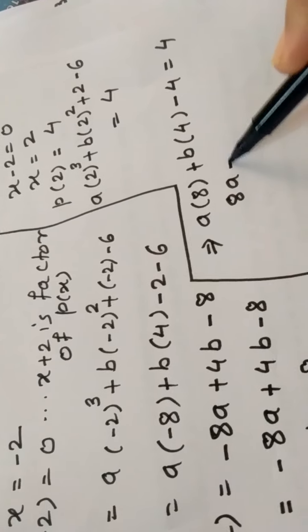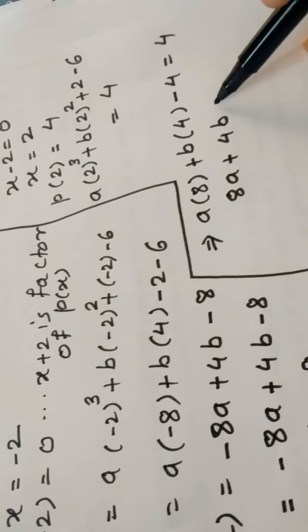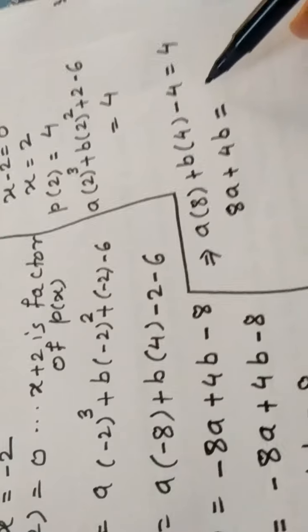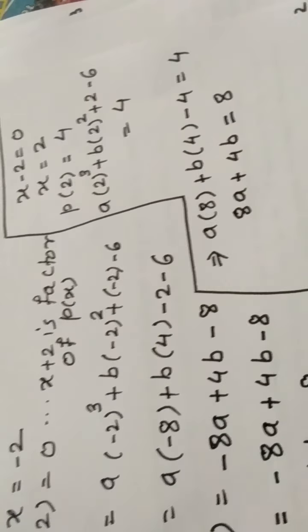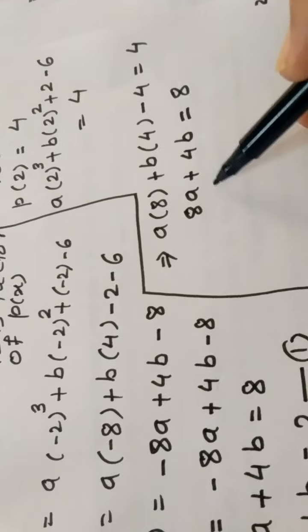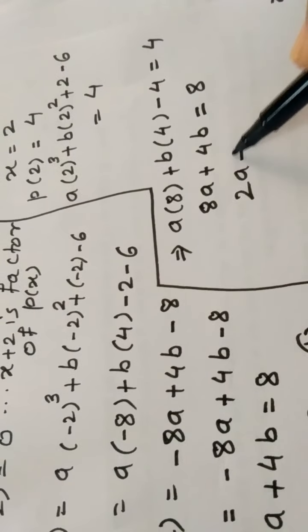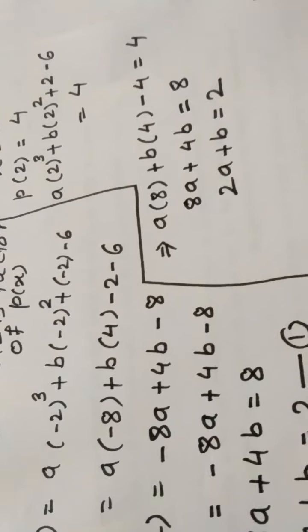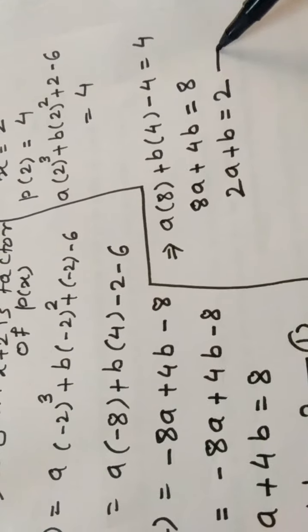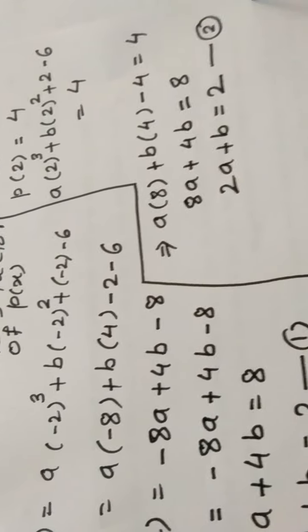That is 8a plus 4b is equal to 8, taking minus 4 to the other side. We can divide this by 4. That is 2a plus b is equal to 2. Call this equation number 2.